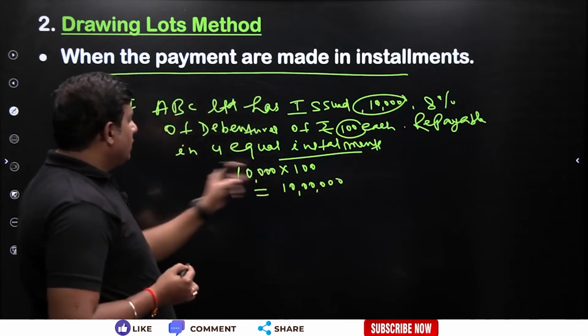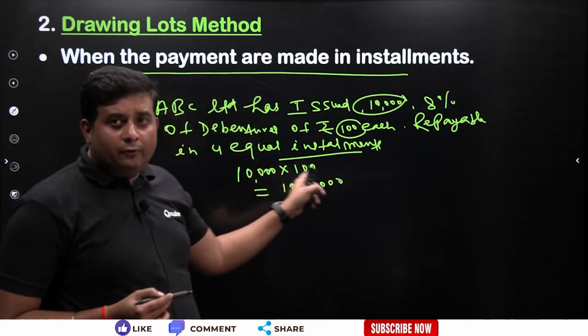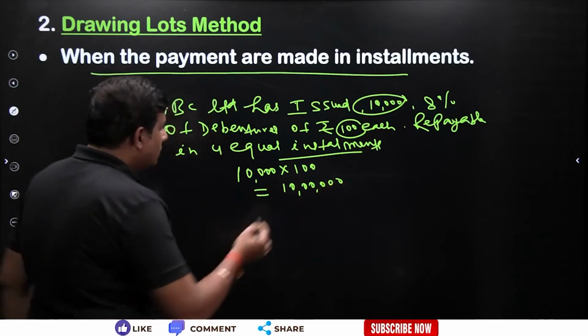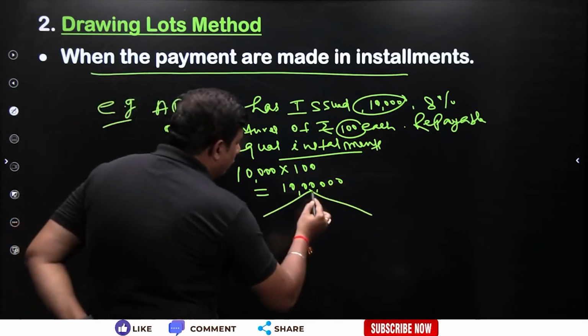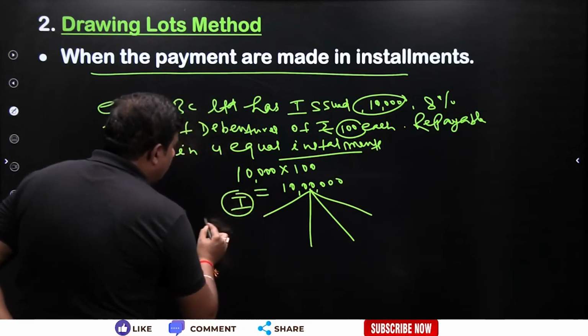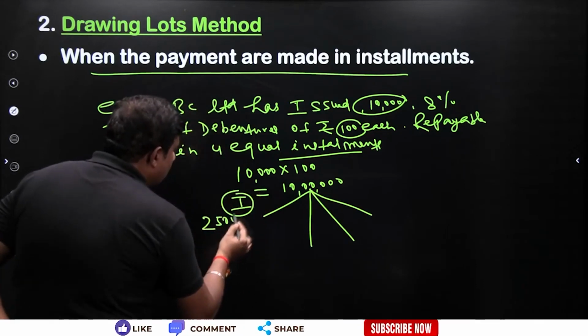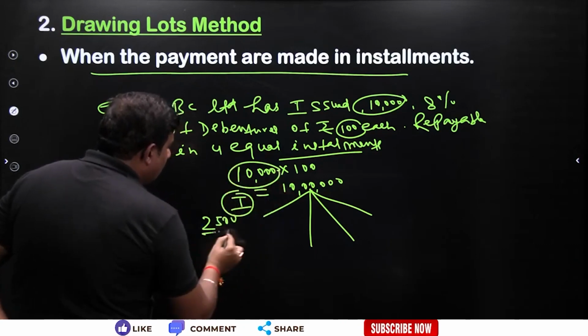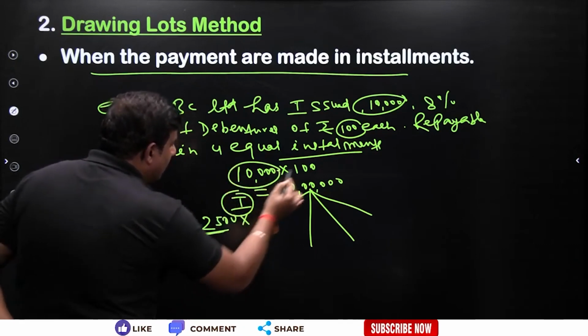Now, as per the question, it is repayable in 4 equal annual installments. So 10 lakh is simply divided into 4 parts. In the first year, we are going to repay 2,500 debentures. The quantity is 10,000, so we repay 2,500 debentures at a price of 100 per unit.